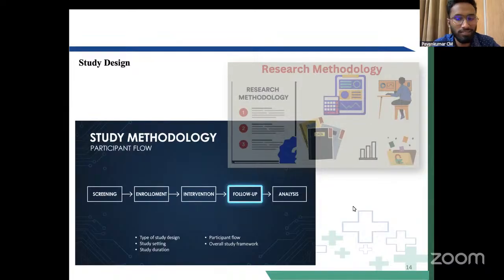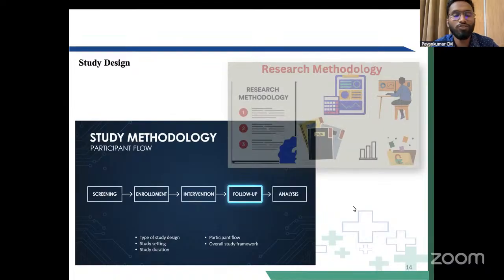This helps in understanding the context and generalizing the findings. Study duration includes both the total length of the study and key phases such as recruitment and investigation, follow up, and analysis.